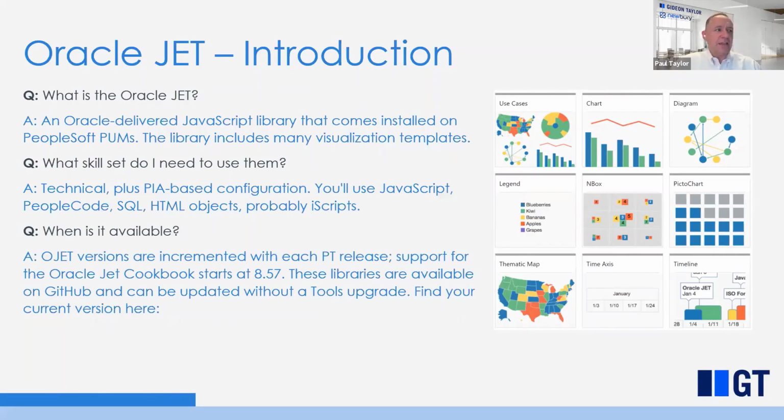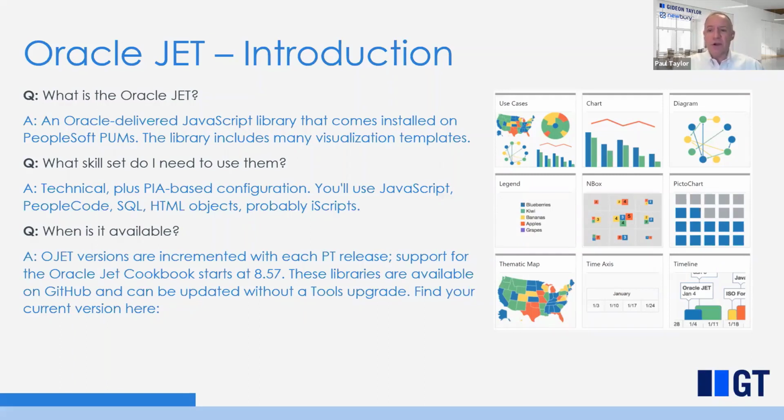OJET versions are incremented with each PeopleTools release. And the Oracle JET Cookbook, which is a visualized library of what's in OJET, the version of OJET that supports the cookbook was deployed with 8.5.7. However, you can update those libraries without updating PeopleTools.